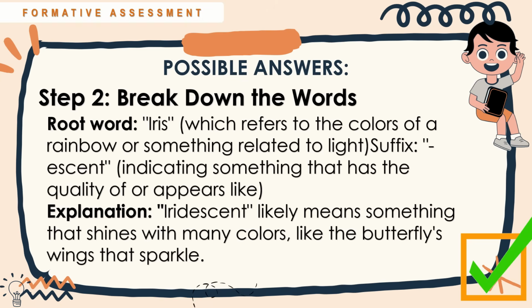Root word iris, which refers to the colors of a rainbow or something related to light. Suffix escent, indicating something that has the quality of or appears like. Explanation: iridescent likely means something that shines with many colors, like the butterfly's wings that sparkle.